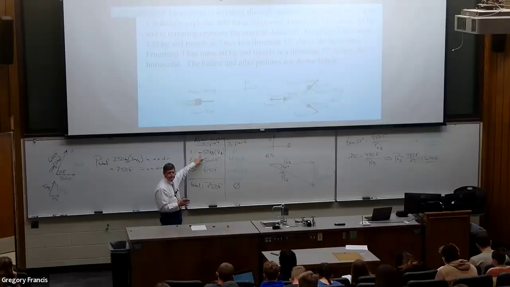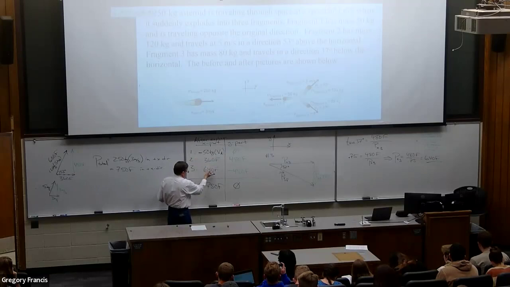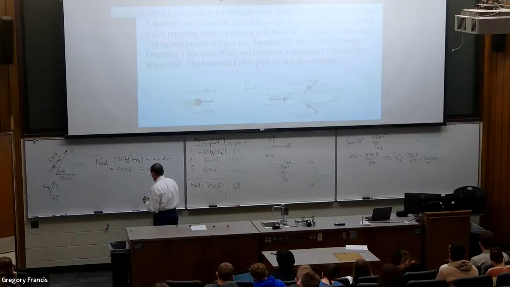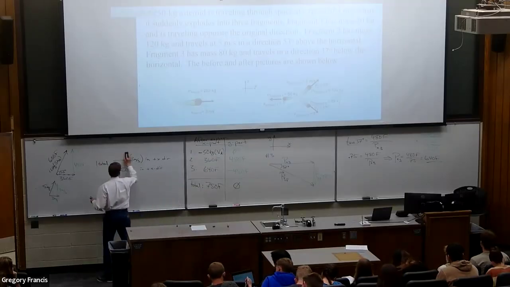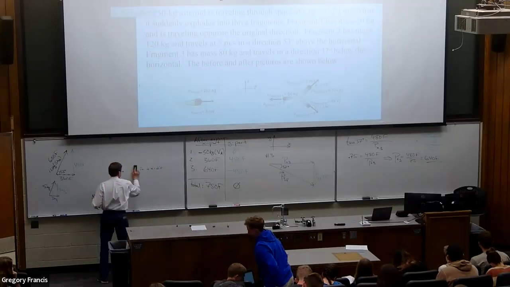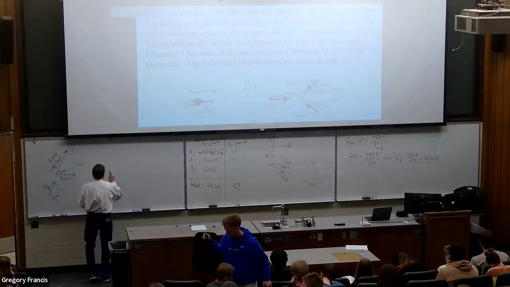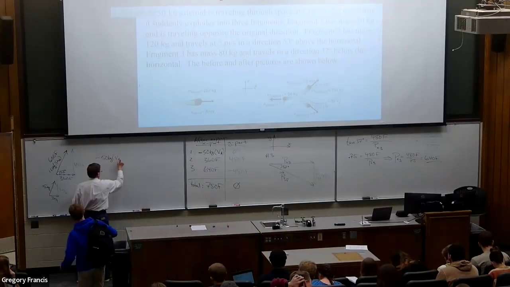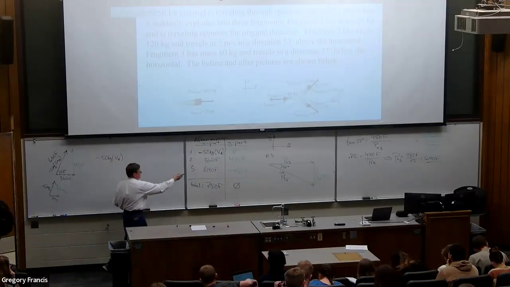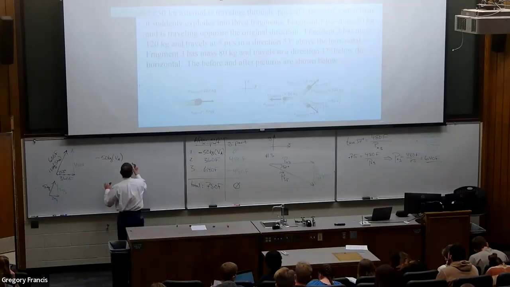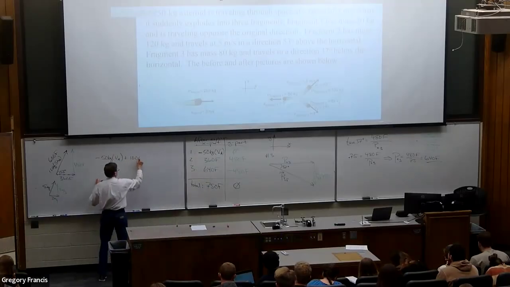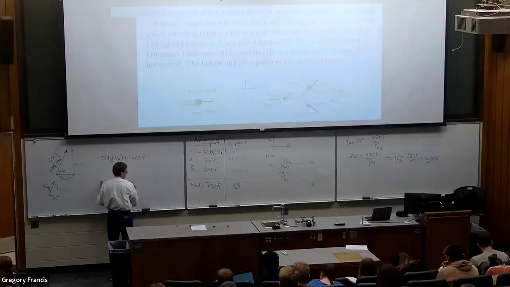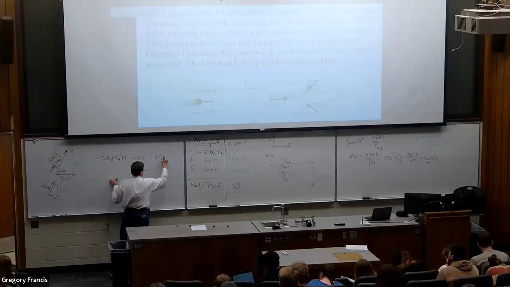Does that make sense? Okay, so now if I add up this column, I better get 750. So let me do that. I've got negative 50 kilograms times VA, the speed, plus 360 and 640. When I add those together, I get 1,000. And that's got to add up to 750.